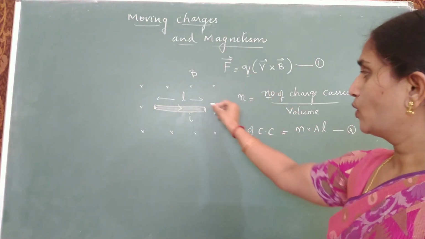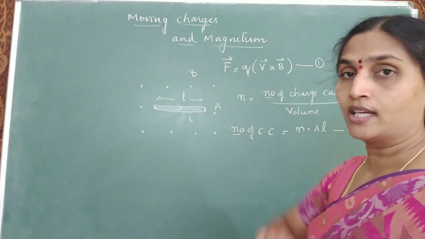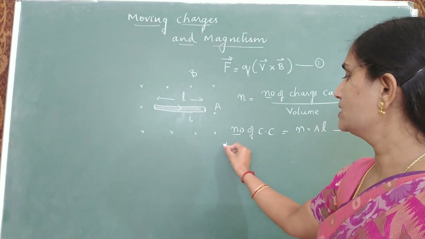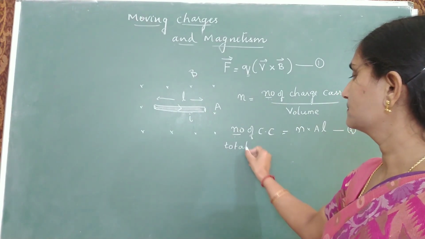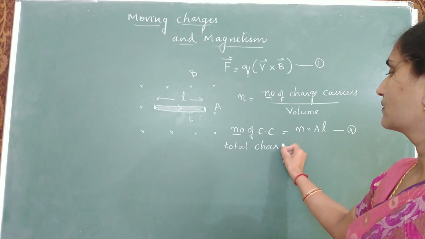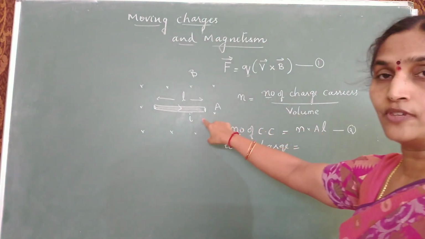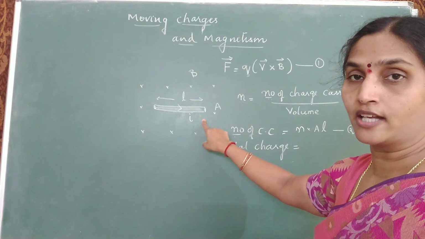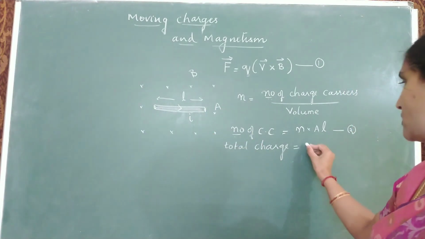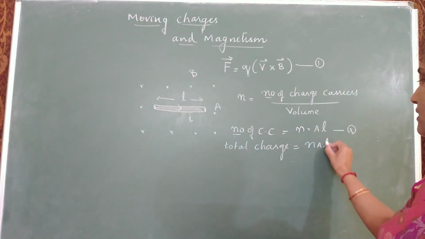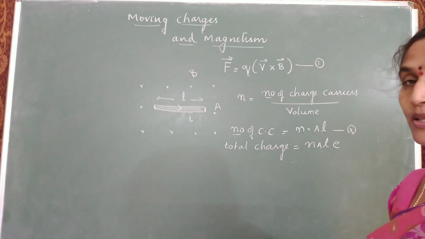Now I will find the total charge present in my conductor. The total charge would be number density into charge of each mobile charge carrier, which I will take as small e. So that would be nAL into e.